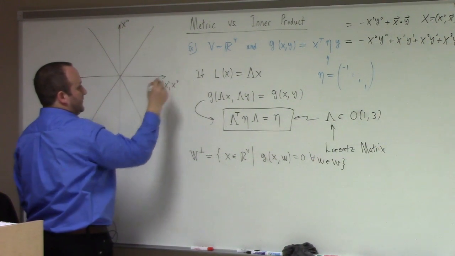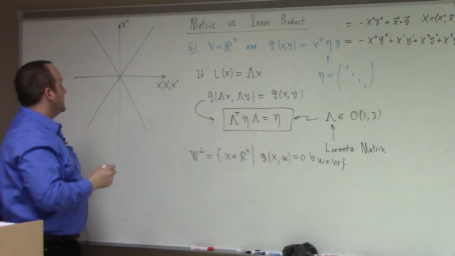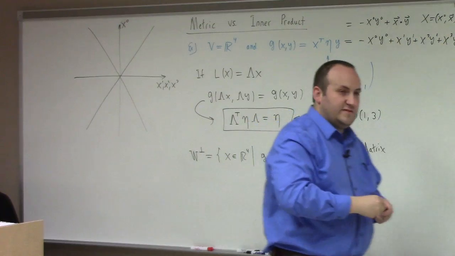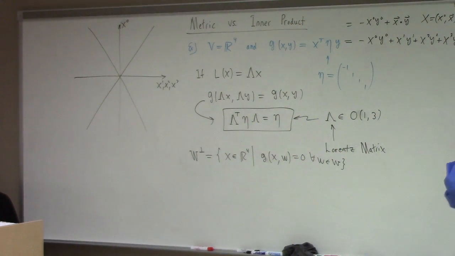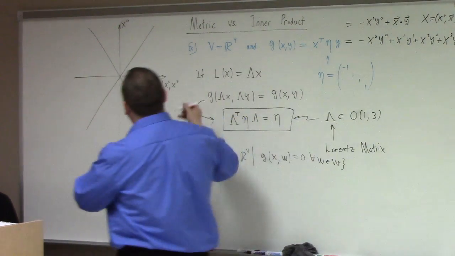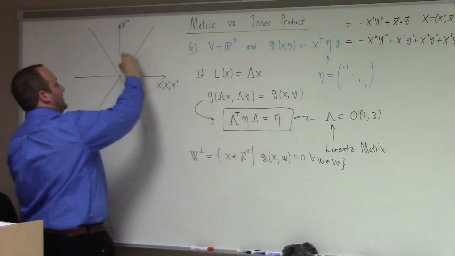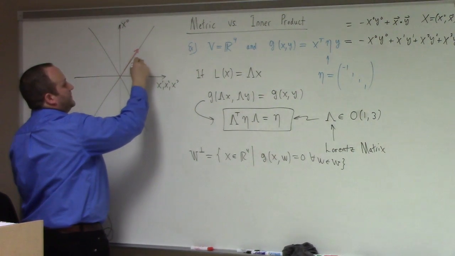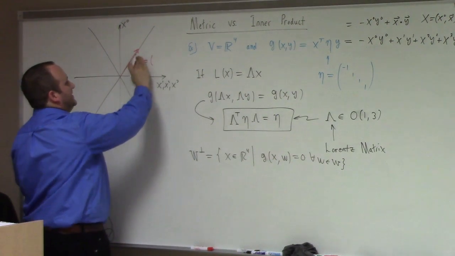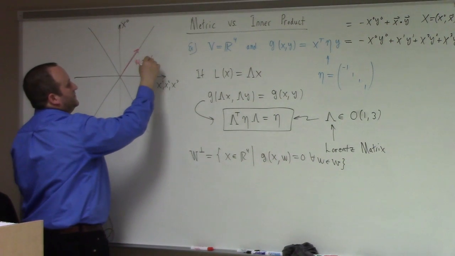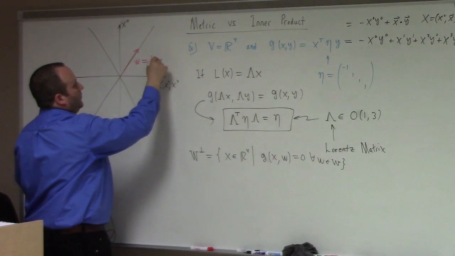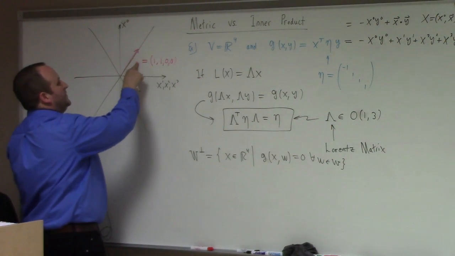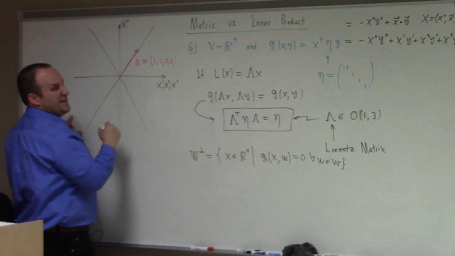Sorry, that's the best I could do for a four-dimensional picture on short notice. So if you let W be a line which is on the light cone, what's the light cone? These guys. Like this one, for example, W equals 1, 1, 0, 0. Let me call it n for null vector.